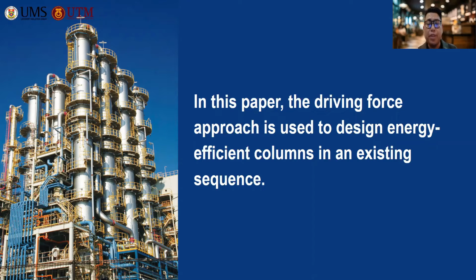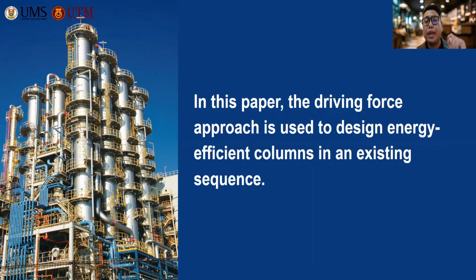So what's so special in this paper? In this paper, we still use the same approach, which is driving force, but we use it to redesign or to design energy efficient columns in the existing sequence, meaning that we maintain the sequence as it is. If the existing one is a direct sequence, we maintain it as a direct sequence.